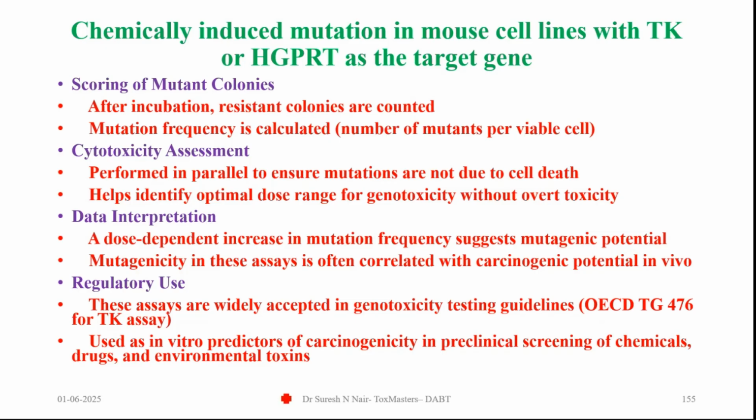This is not actually clearly mentioned in the CND textbook. I have taken this from the standard protocol for the TK and HGPRT, because unless you understand this, it will be very difficult to learn, and in-depth questions will be difficult to answer without understanding the mechanism of this test.